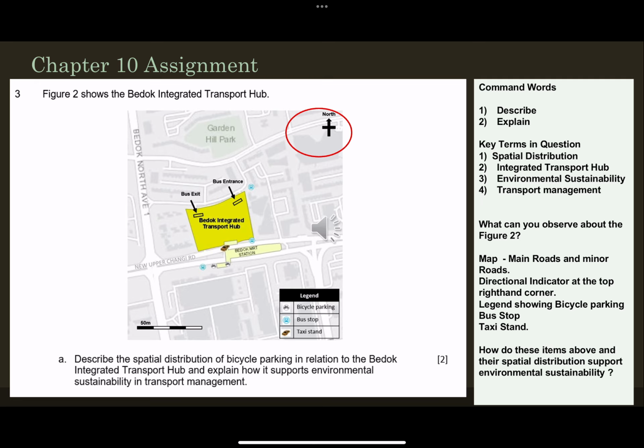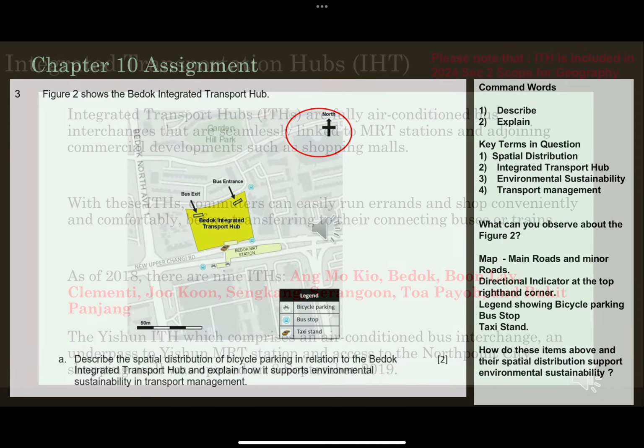In the next slide, I would like to give you some photographs to help you understand what the integrated transport hub actually looks like.